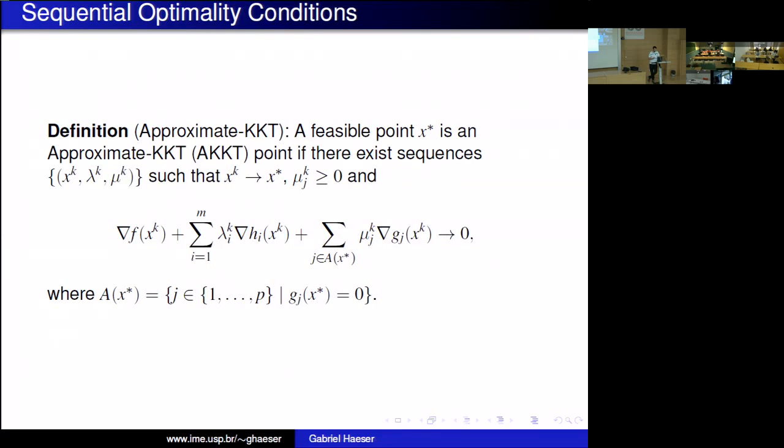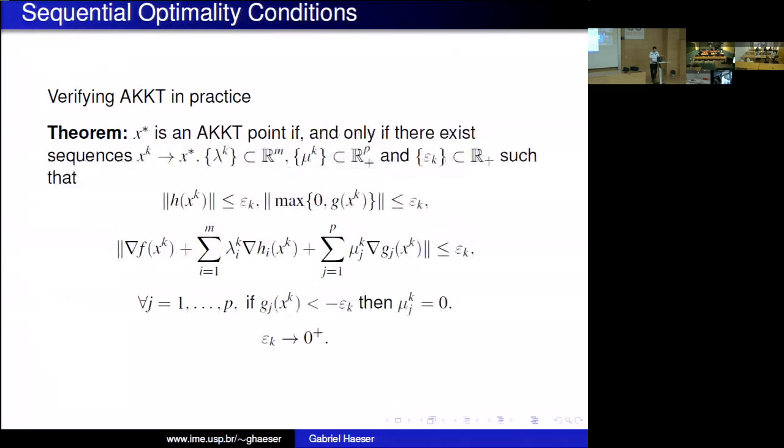But we can call approximate KKT point any other feasible point that fulfills this property. When this property holds, you know that this is a good candidate for a local solution, because every local solution is an approximate KKT point.